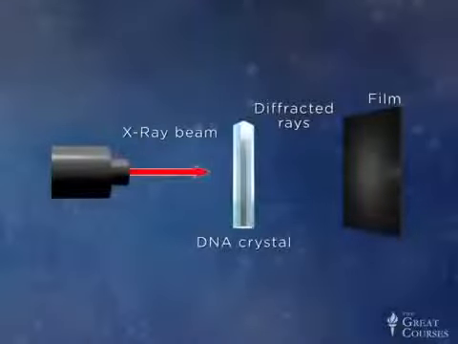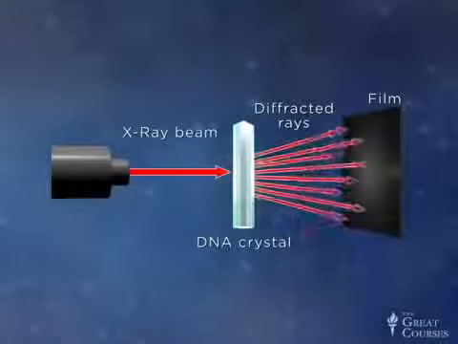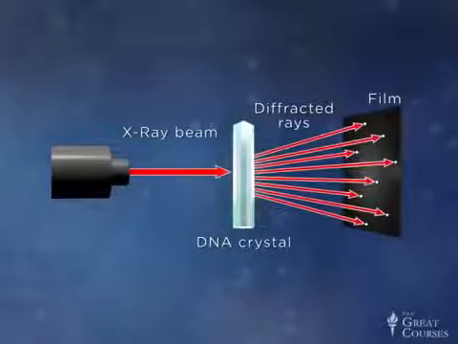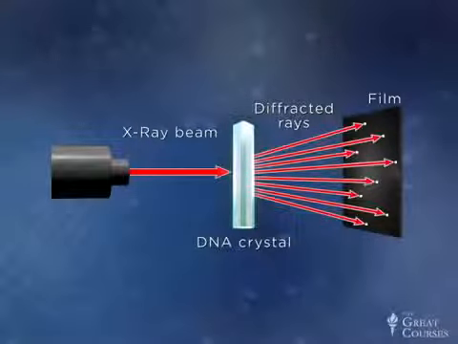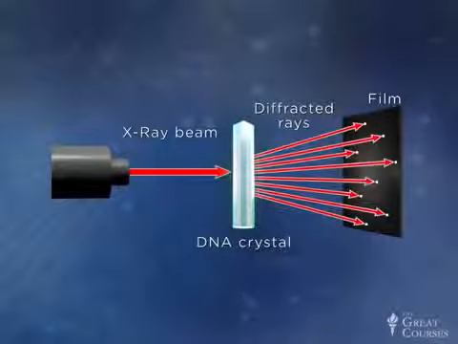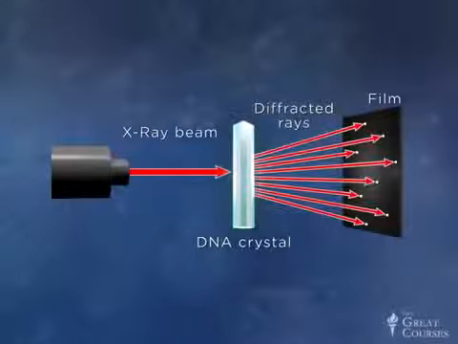Now, when you shine X-rays on a crystal of DNA, the invisible rays bounce off the sample. The rays then create complex patterns on photographic film, but it would take hours and hours to capture a single image. But then by looking at the patterns, it was possible to get important clues about the structures that made up the crystals.